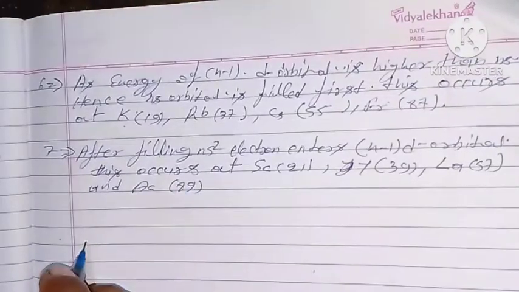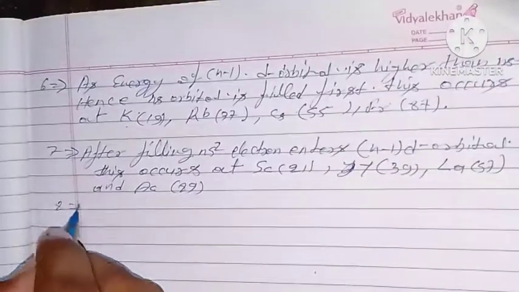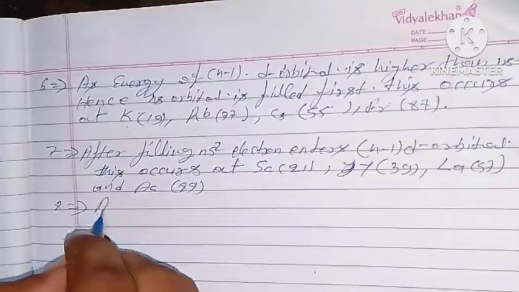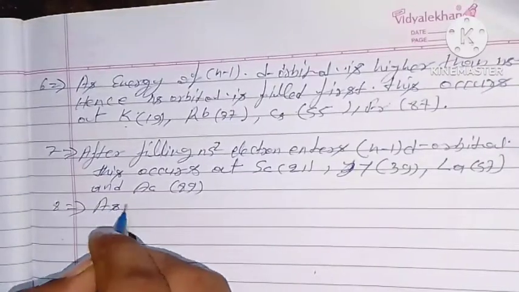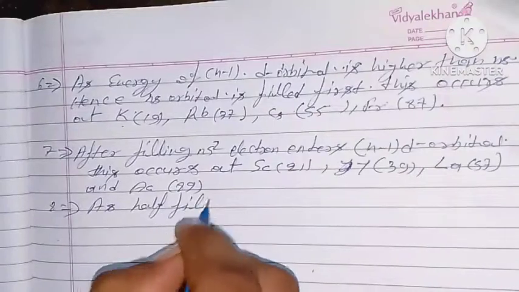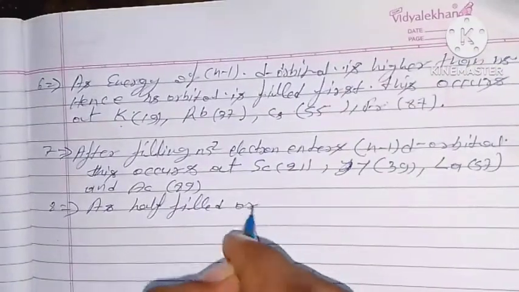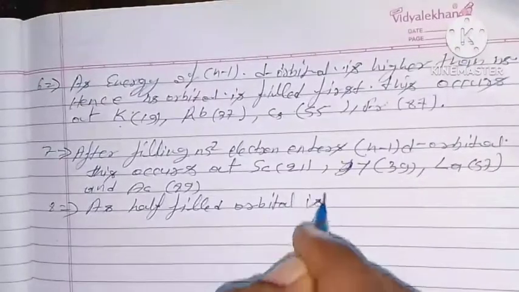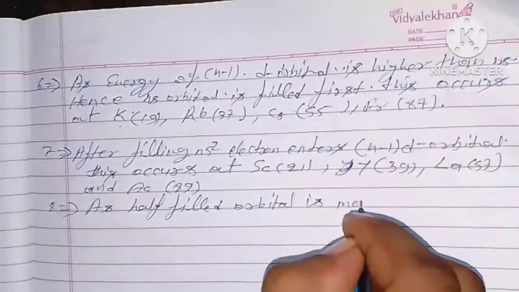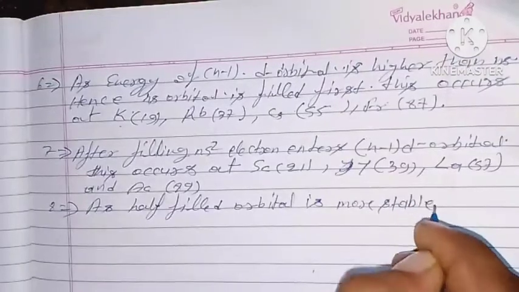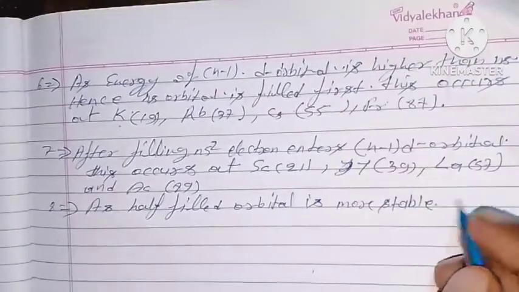Eighth point: a half-filled orbital is more stable relative to less than half-filled.